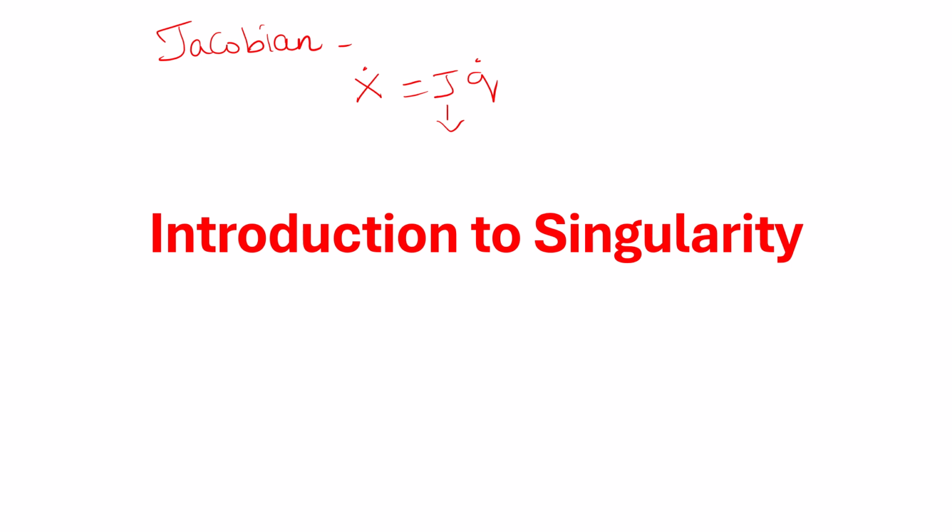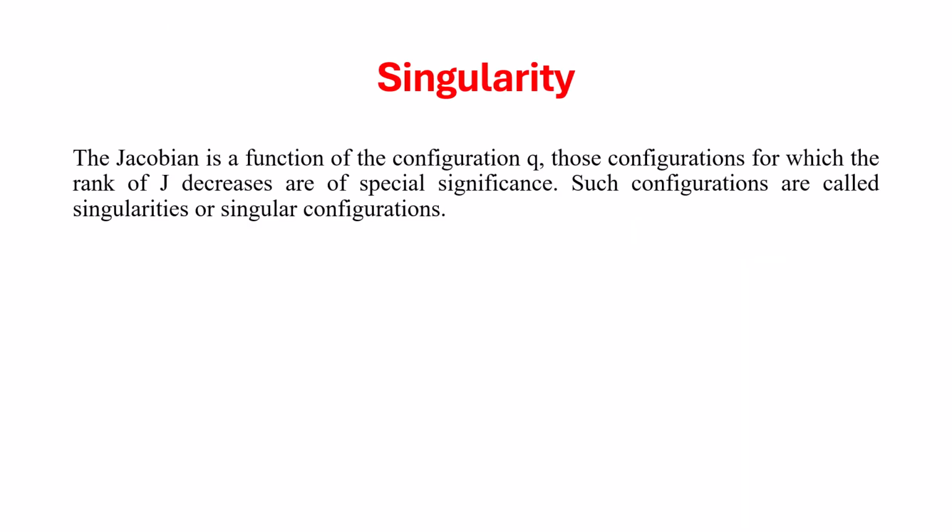So in this session, we will learn about robot singularity. Having known what the Jacobian is, we can determine the singular configurations, that is the configurations of the robot where the rank of the Jacobian decreases. So how will you determine the rank of the Jacobian? Supposing J, the Jacobian matrix, is of order 3 cross 3, then you know how to determine the rank of any matrix.